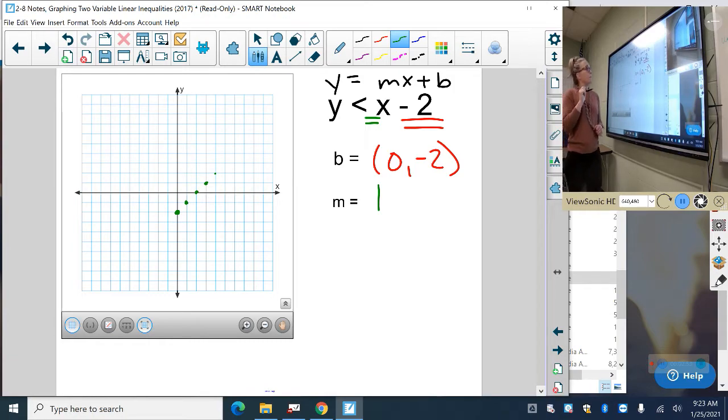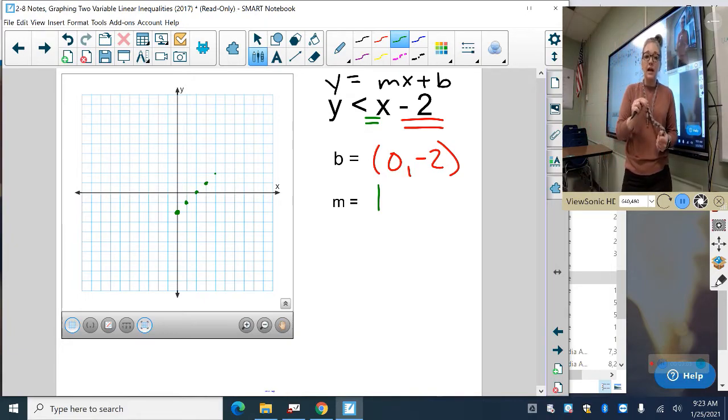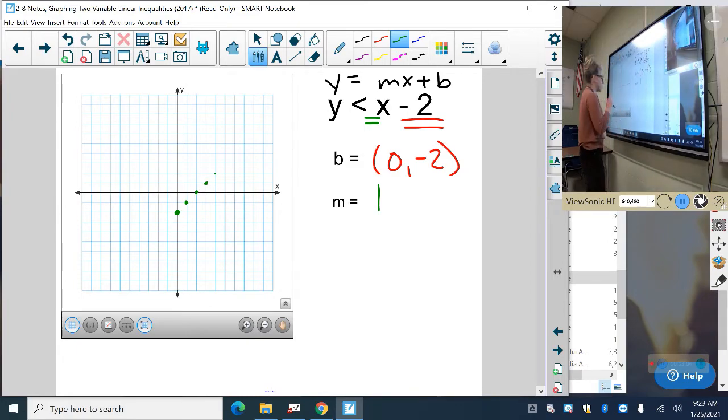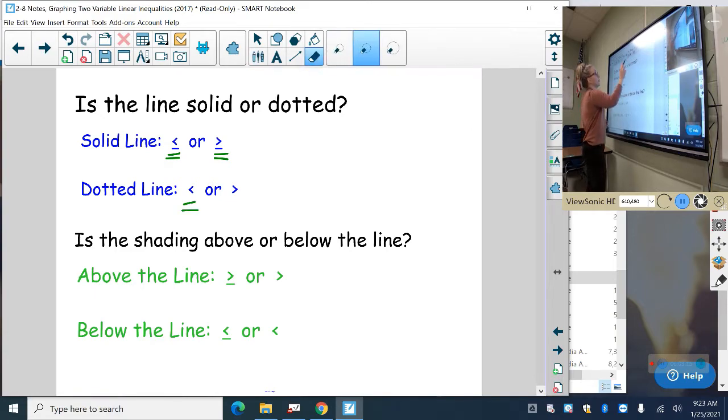Now, the problem is I can't just graph a line because I have to first find out, is that boundary line solid or dotted? And if you look back in your notes, and you should write these down so you don't forget, a solid line means there's an equals to, okay? Do you see those lines underneath? A dotted line doesn't have those, so that's when you draw a dotted line.